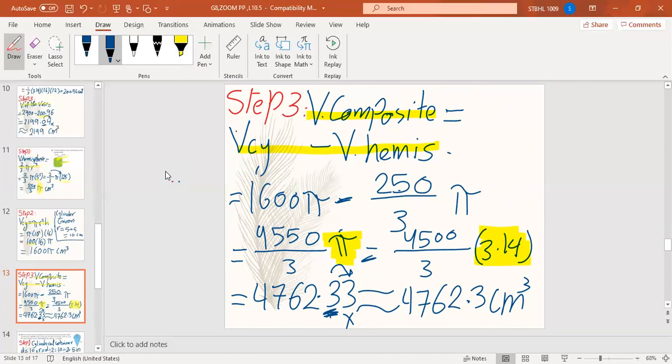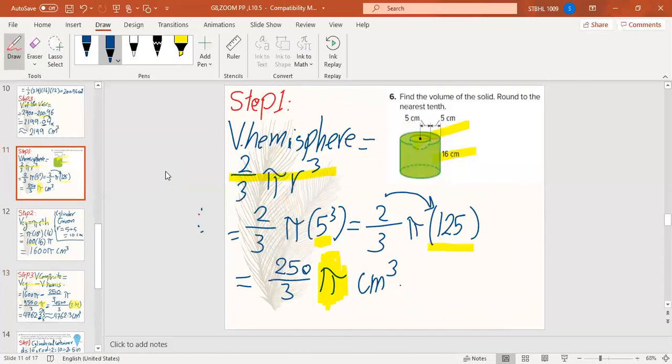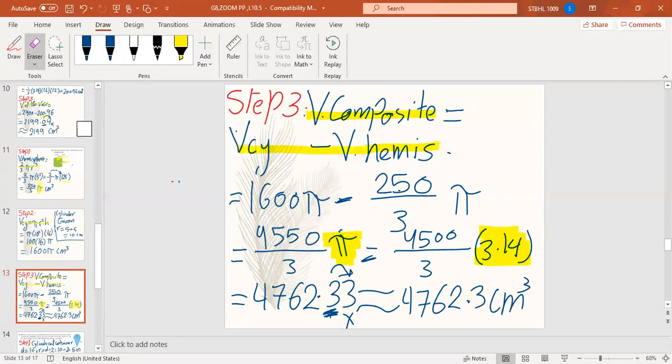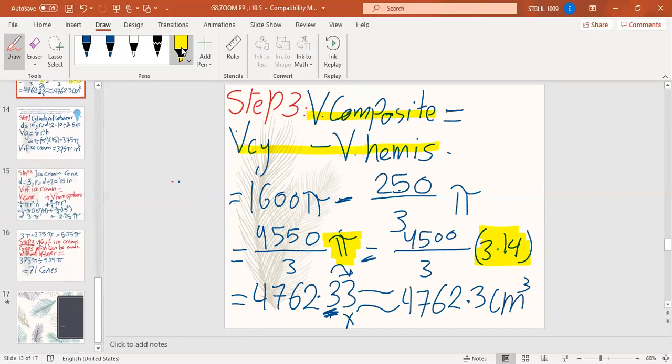The volume of the composite figure, the whole figure here, will be approximately equal to 4,762.3 cubic centimeter.